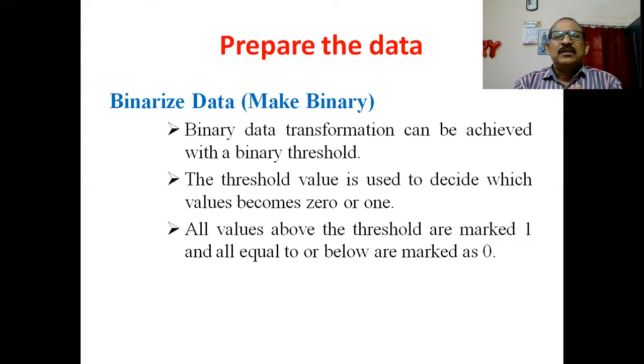Here, we choose a threshold value. This threshold value is used to decide which values become 0 or 1. Above the threshold value becomes 1, and below or equal to the threshold value becomes 0.